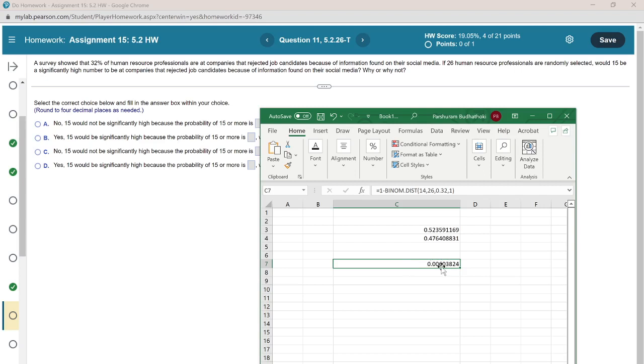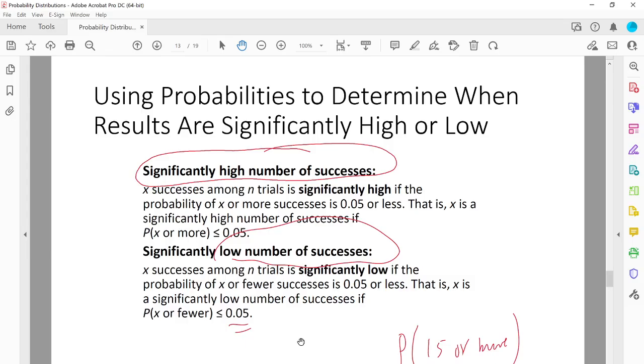So for 15 or more, the probability is 0.006, rounded to 4 decimal places, 0.0060, which is less than 0.05. Look at here. If it's less than 0.05, then it is a significantly high number of successes.